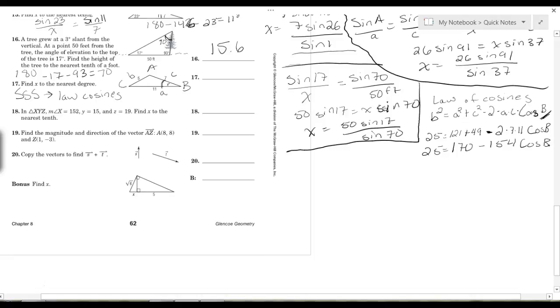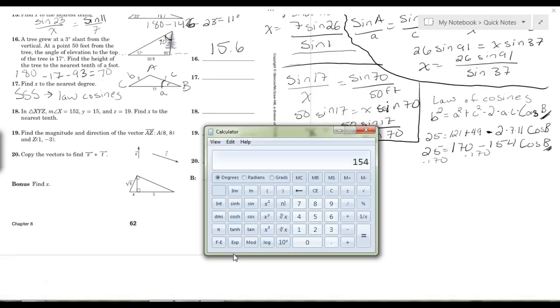Now I'm going to start doing some algebra to start picking away the things that are on this side with b. So the very first thing I'm going to do is subtract 170 from both sides. So 25 minus 170 equals negative 145.